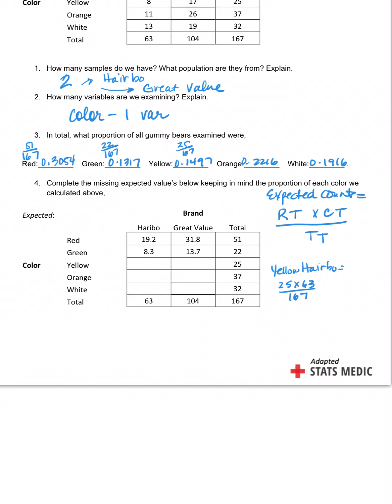So row total, column total, table total. That's how you would find it for each box in your table. That gives me 9.4. If I did that for Great Value, I'm putting in row total 25 times 104 divided by 167. That gives me 15.6.